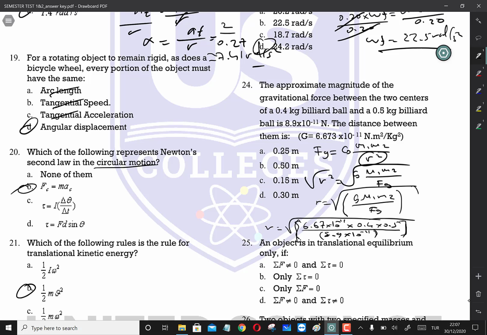Once again, close the bracket. Answer is 0.39, almost 0.40 meters. So one of the answers must be this.